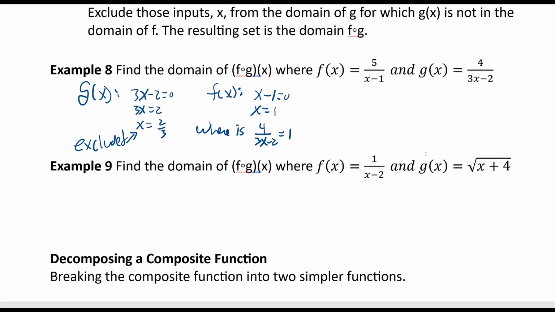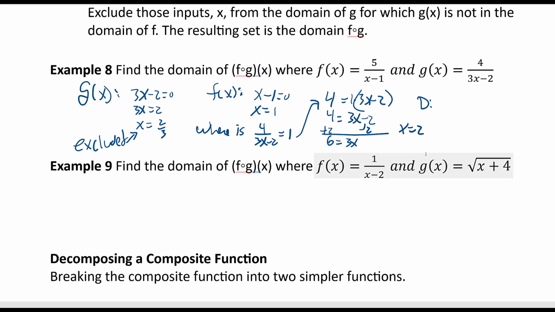So that's going to be 4 equals 1 times 3x minus 2. 4 equals 3x minus 2. We add 2 to both sides. 6 is 3x, so x equals 2. So for our domain, we have to exclude 2/3, and we have to exclude 2. So it's going to be negative infinity to 2/3, union 2/3 to 2, union 2 to infinity.